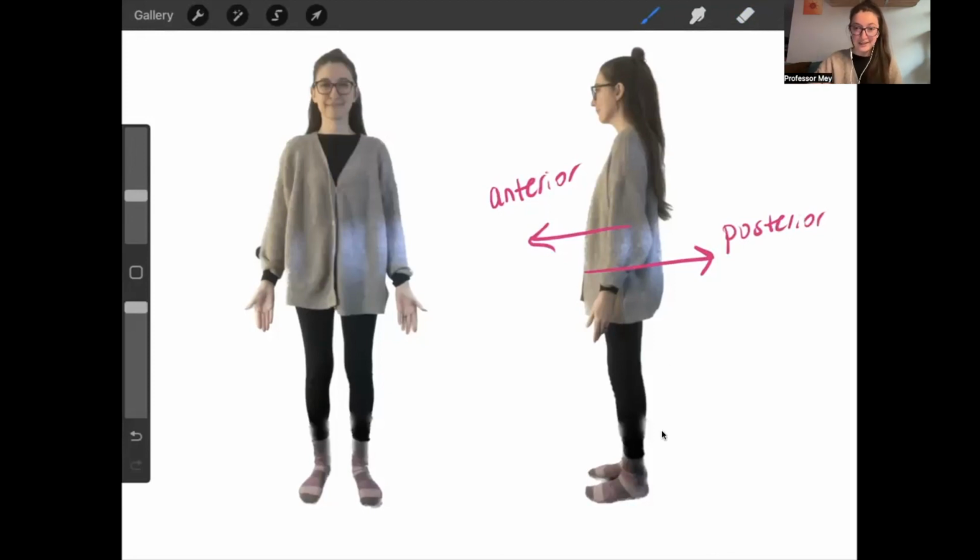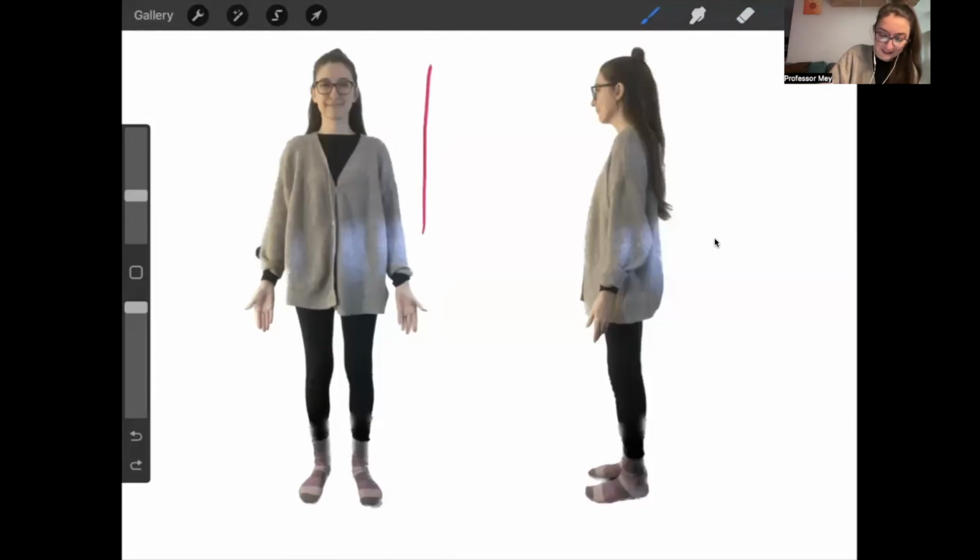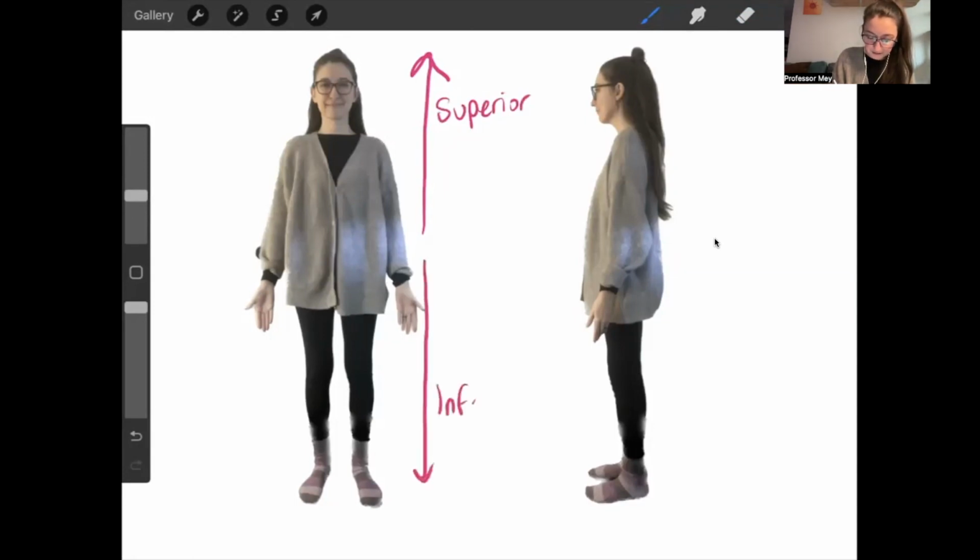What about a point of interest that is toward the top of the body or towards your head? This is when we use the term superior. And anything that is toward the bottom of the body or towards your feet, this is when we use inferior. What I like to tell my students is if anything is above something else, you are superior, you have a superiority complex, right?